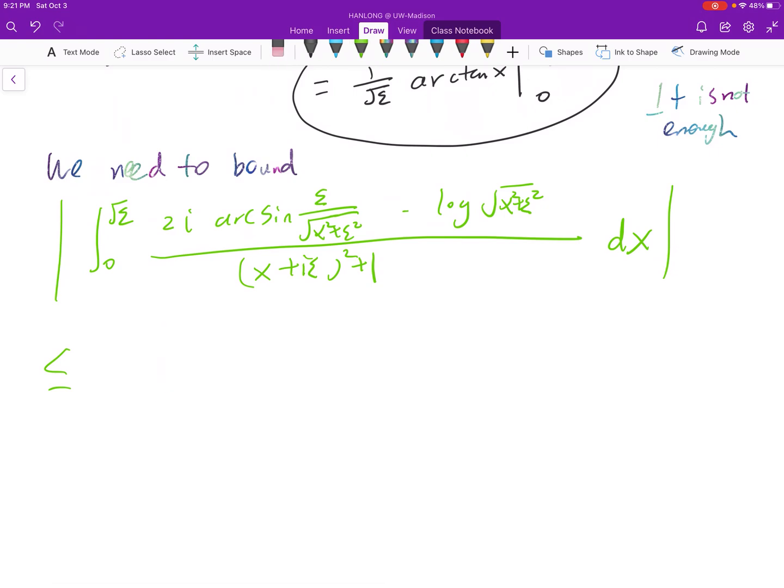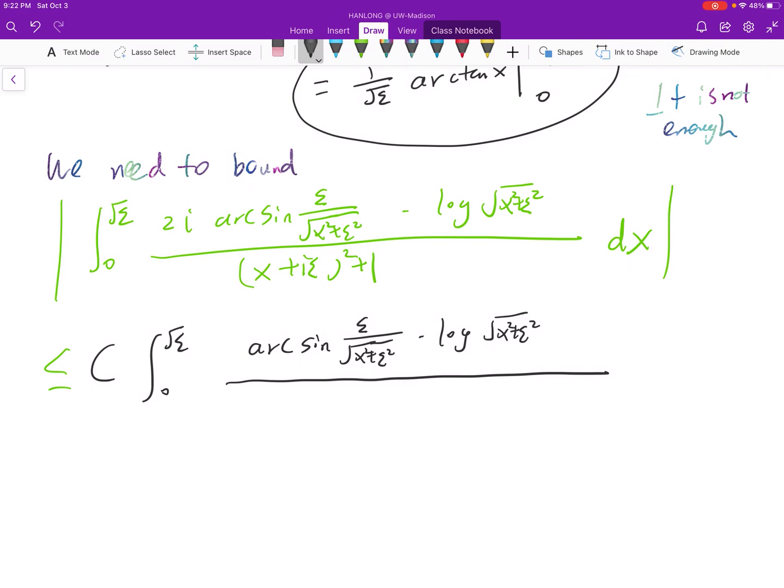integration from 0 to square root epsilon, times some constant, and arc sine epsilon divided by x squared plus epsilon squared, times log square root x squared plus epsilon squared divided by 1 plus x squared minus epsilon squared plus 2ix epsilon squared, dx.